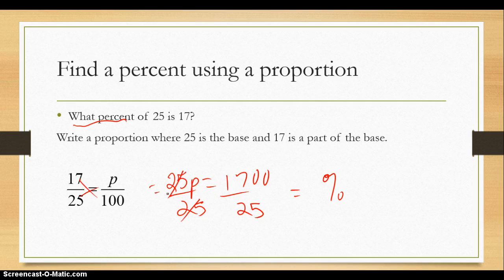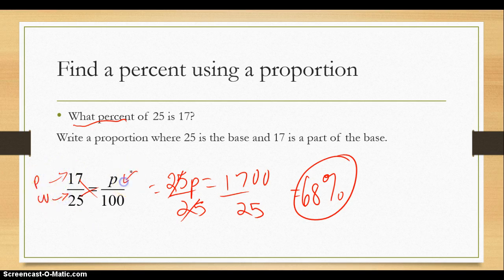So 1700 divided by 25 is 68%. It's very important that you put the things in the places where they must go, whether it's a part or a whole.